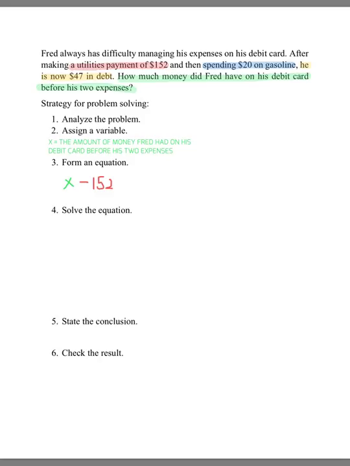Again, that's because making a payment is an indicator of subtraction. And then we know that after that, he spent another $20 on gasoline. So again, spending is an indicator of subtraction. So we're going to subtract from that an additional $20.